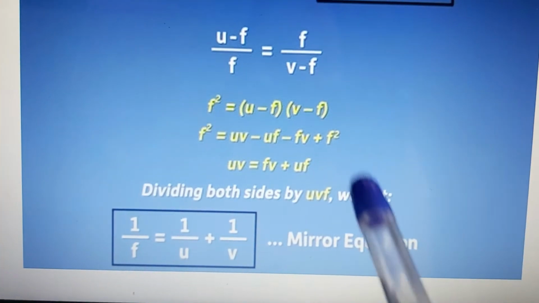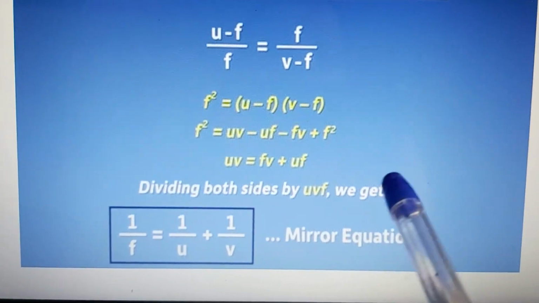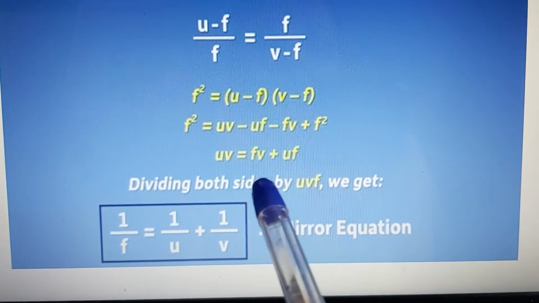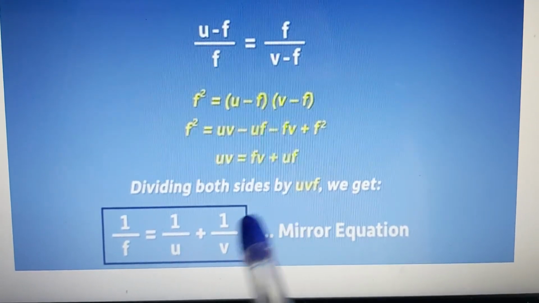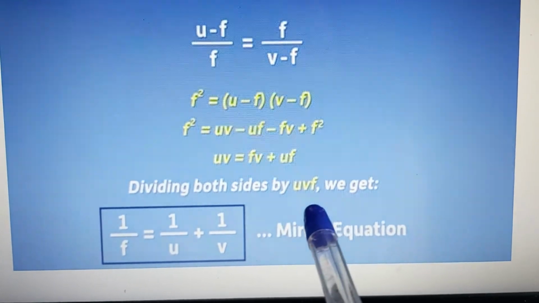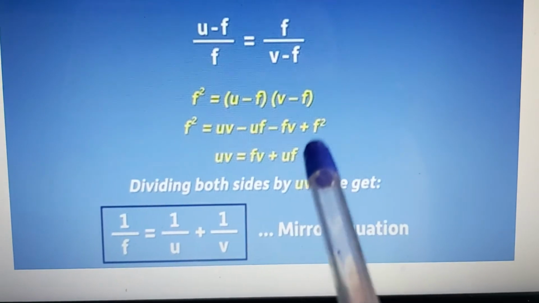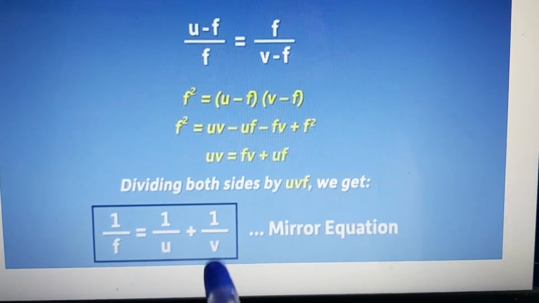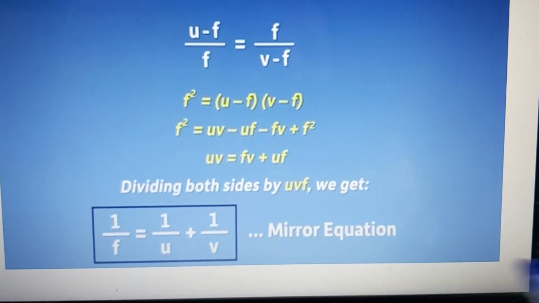F square and F square will be cancelled. UV is equal to FV plus UF. Dividing both sides by UVF, we get 1 over F is equal to 1 over U plus 1 over V. That is the mirror equation.